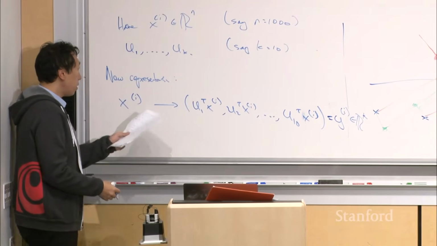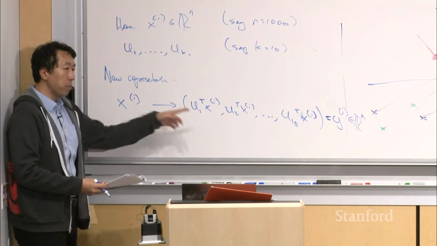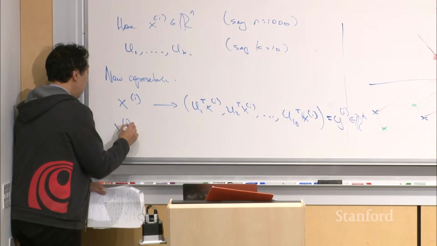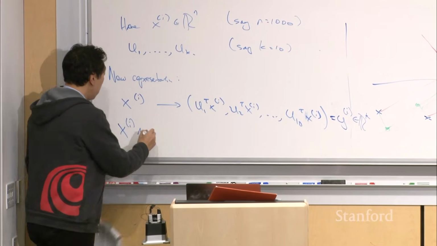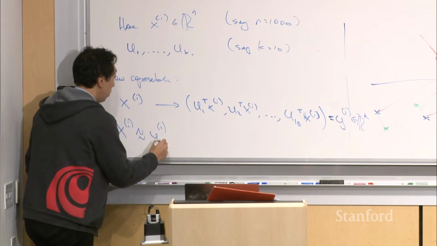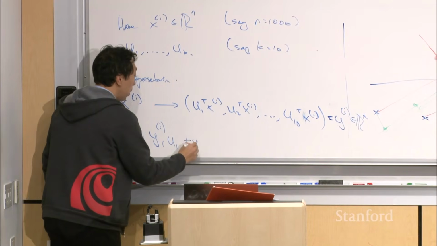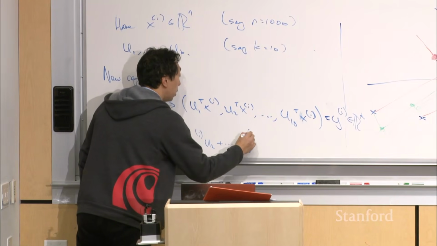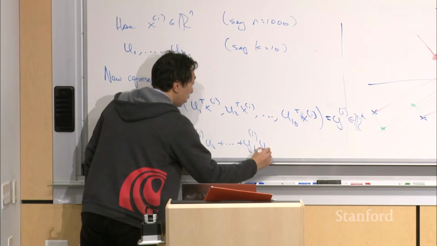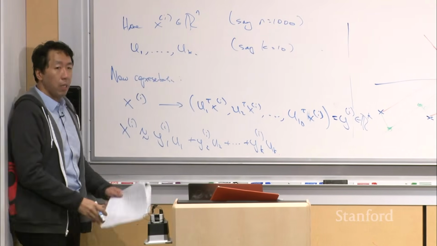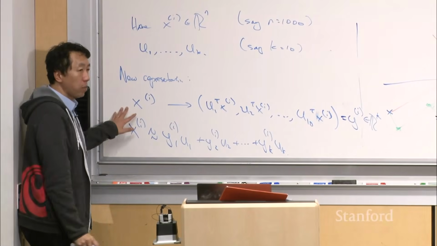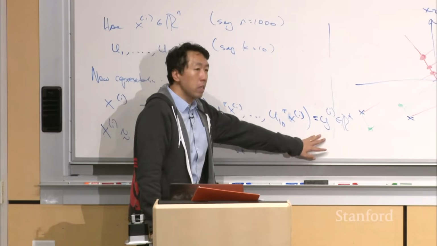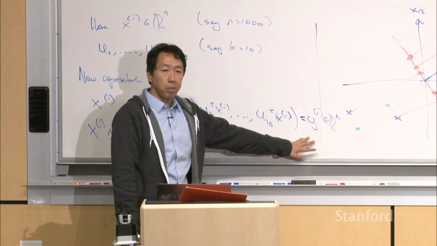It turns out that if you ever want to go back from y to x, xi is approximately yi1 times u1 plus yi2 times u2 plus dot dot dot plus yik times uk. Okay. So you've taken your 1,000-dimensional data and compressed it to a 10-dimensional representation.